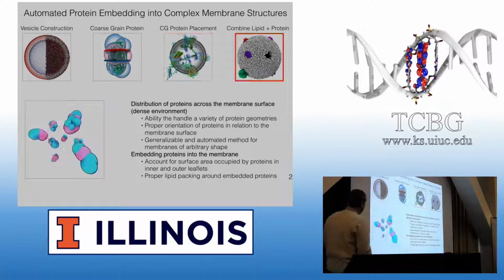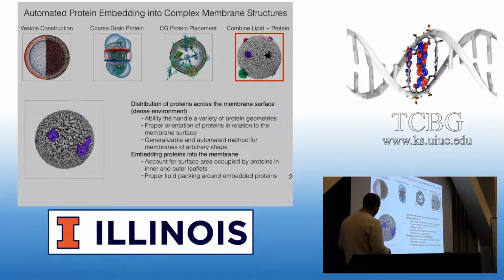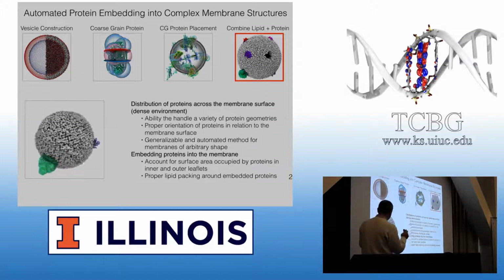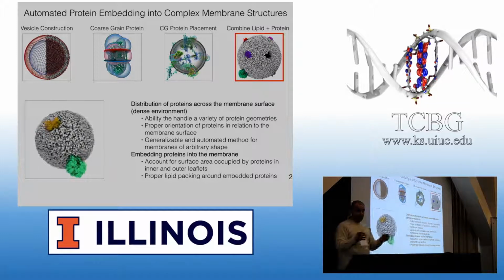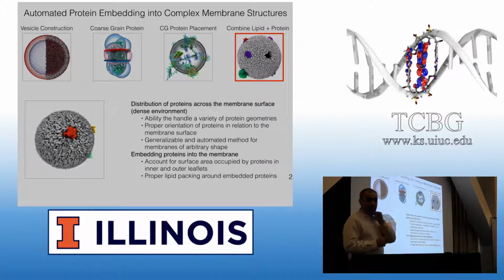Then I can take those, put back the real protein, look at the density generated by the real protein, and then try to remove the lipids that are interfering with that density. Either I completely remove them, or I use MD to push them out of those placeholders for my protein.